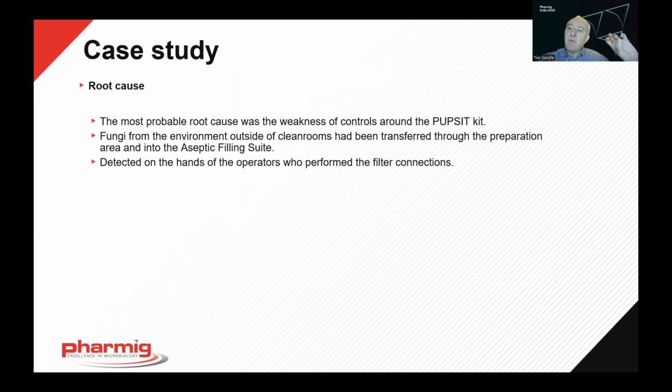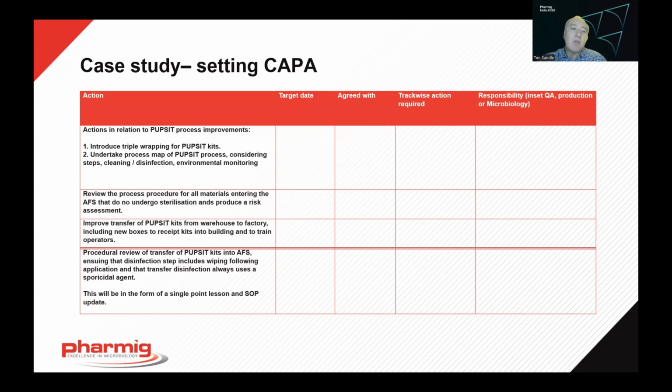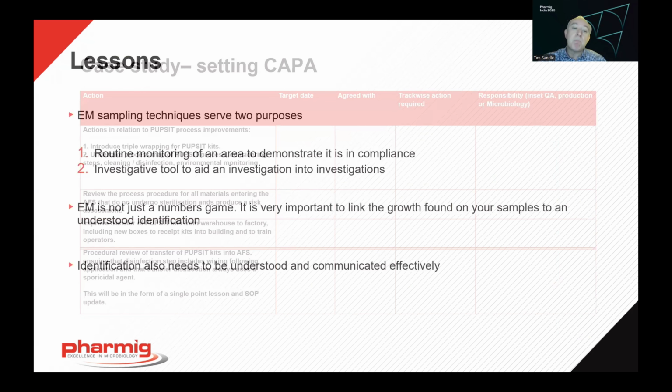There were insufficient controls, insufficient wrapping removals, insufficient use of sporicidal disinfectant through the different stages that could lead to the contamination transfer. So we need to set some CAPA. The primary CAPA was to get the manufacturer to supply the items triple wrapped, but there are also some controls around improving cleaning and disinfection.